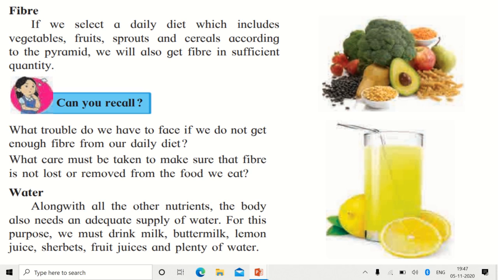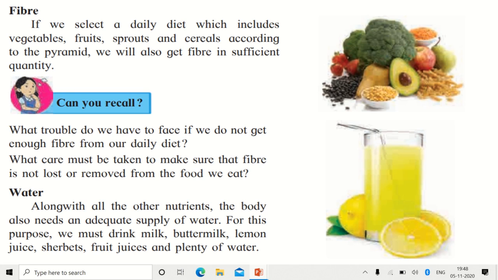If we don't take fiber in the proper proportion in the diet, then there can be the problem of constipation, also obesity. Obesity means you gain a lot of weight. It can be caused because of the lack of fiber.